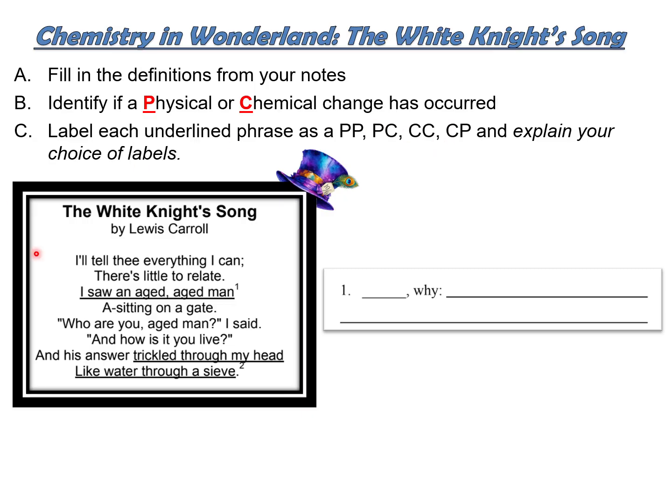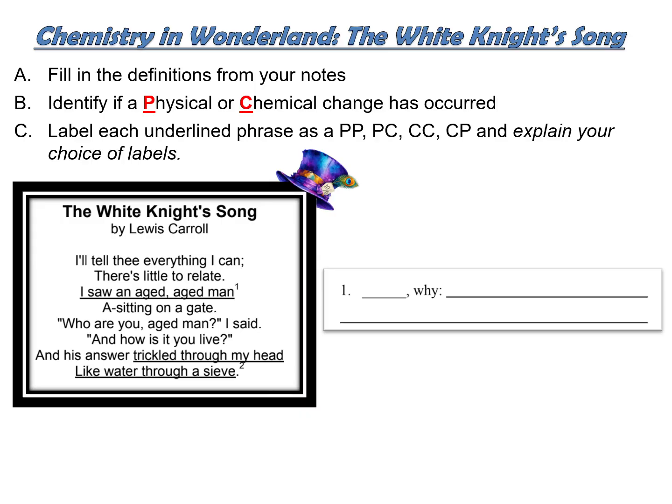All right, so just to give you an example, the very first line, "I tell thee everything I can, there's little to relate. I saw an aged man," and so that's underlined. So we need to identify which of these four characteristics up here go with "I saw an aged man." All right, so you could say, well, I looked at him. I didn't change him into anything else.